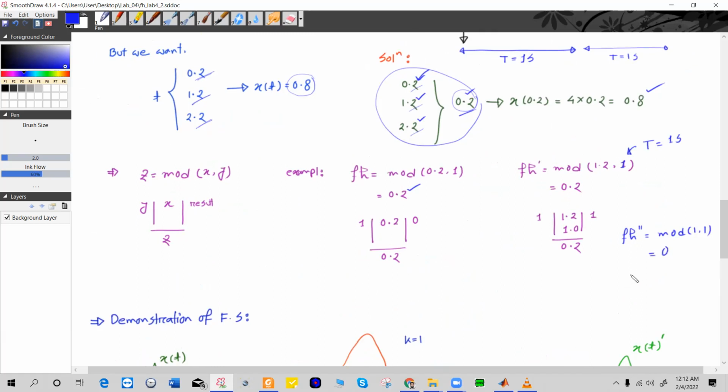How? Because 1 divided by 1 is equal to 1, so the remainder is 0. Similarly, if we check mod(2, 1).